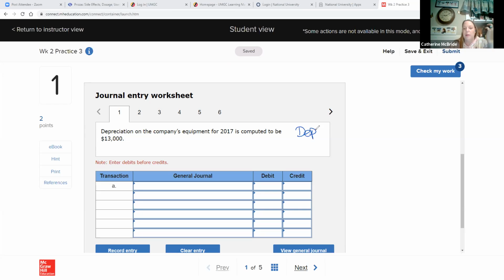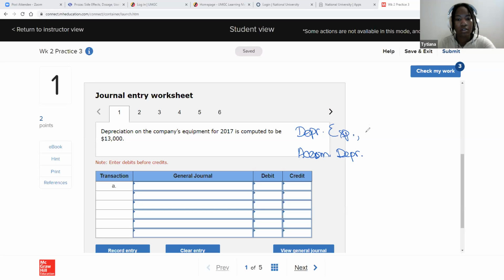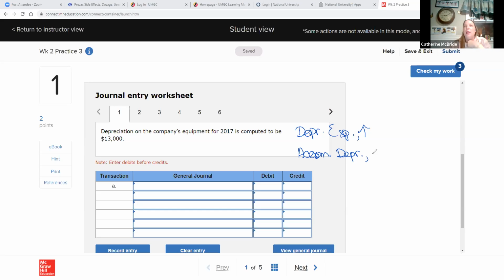So we know that it's depreciation expense and accumulated depreciation. Did depreciation expense increase or decrease? Increase. It increased. We have more expense now than before. Did accumulated depreciation increase or decrease? It increased, right? It increased also.